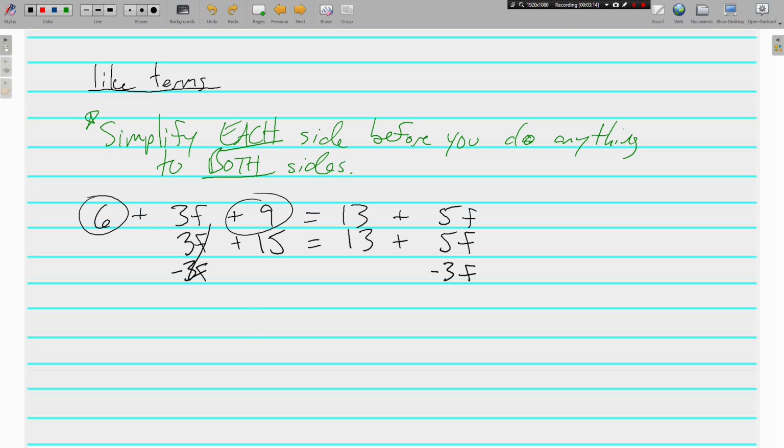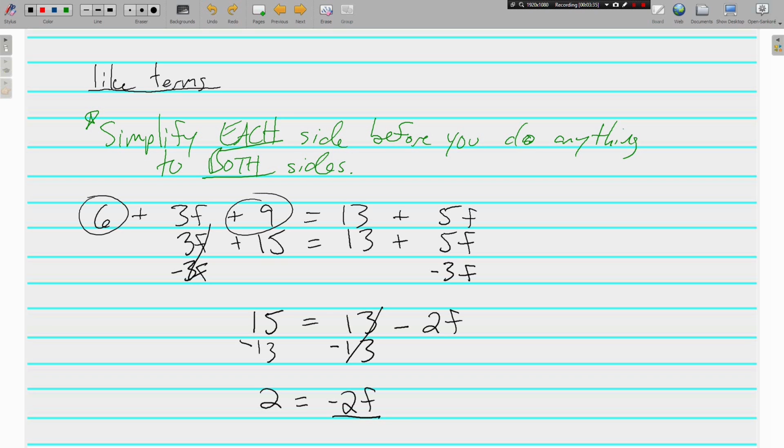So what does that give us? We've got 15 is equal to 13 plus 2f, since 5f minus 3f is 2f. And now we're back to a two-step equation. Subtract 13 from both sides. 2 is equal to 2f.